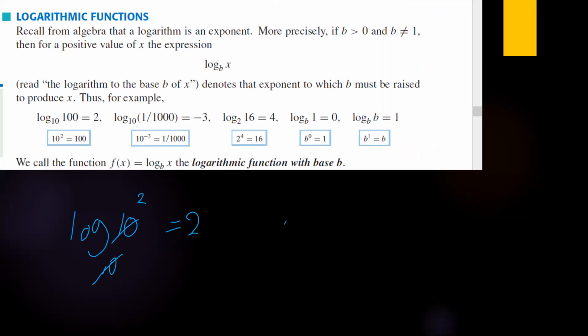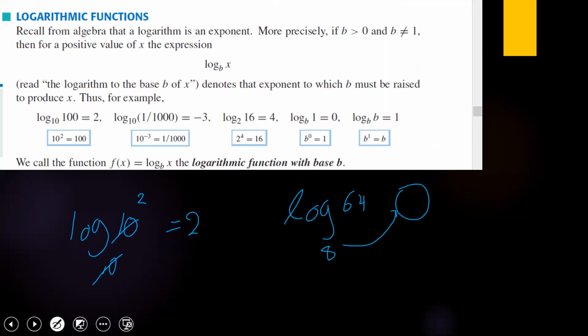Or if you have logarithm of 64 to the base 8, you have to ask yourself what is the number that if I raise 8 to it, I get 64. It is 2. So logarithm to the base 8 of 64 is 2. Why? Because 8 to the power 2 is 64. This is the logarithmic function to the base b.